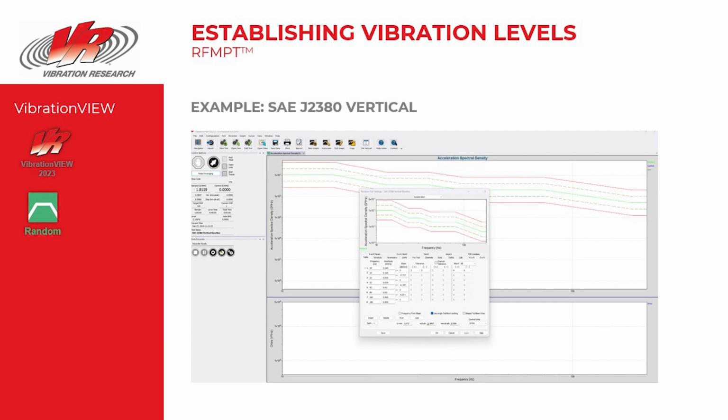In this example, the vertical profile from SAE J2380 vibration standard for electric vehicle batteries is used for illustration. Vibration View software easily scales a set of vibration test breakpoints by 1.5 dB or any other desired factor.